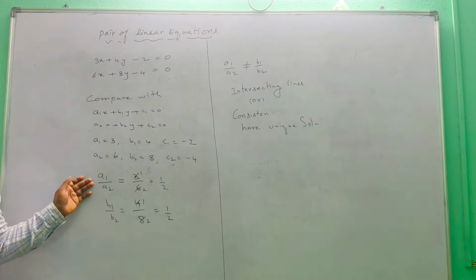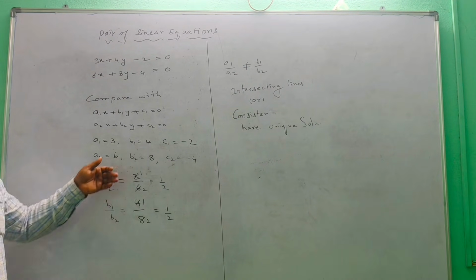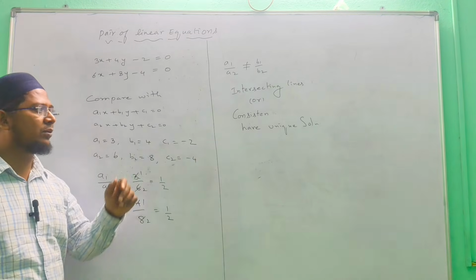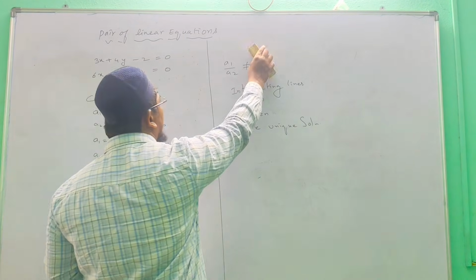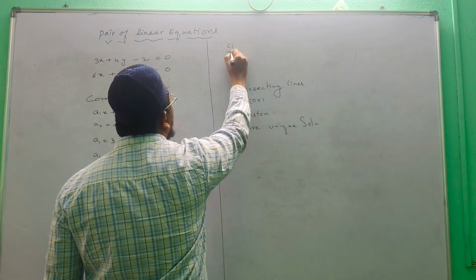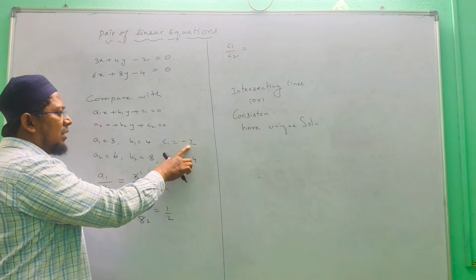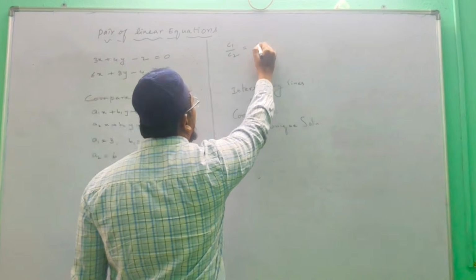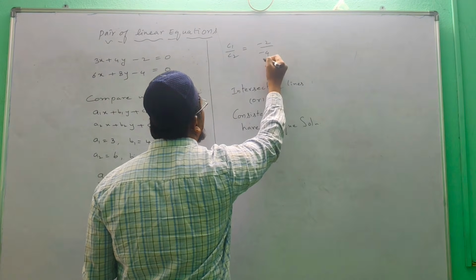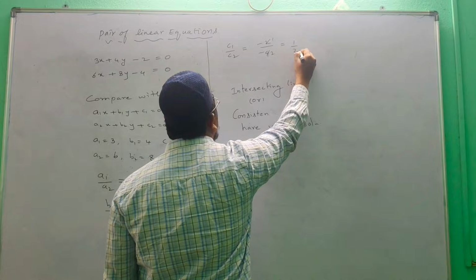If a1 upon a2 equal to b1 upon b2, then we have to check c1 upon c2 also. So we need to check one more step, c1 upon c2. What is the value of c1? Minus 2, c2 is minus 4. Minus 2 upon minus 4. Minus minus cancel, 2 ones are 2, 2 twos are 4, which is also equal to 1 by 2.